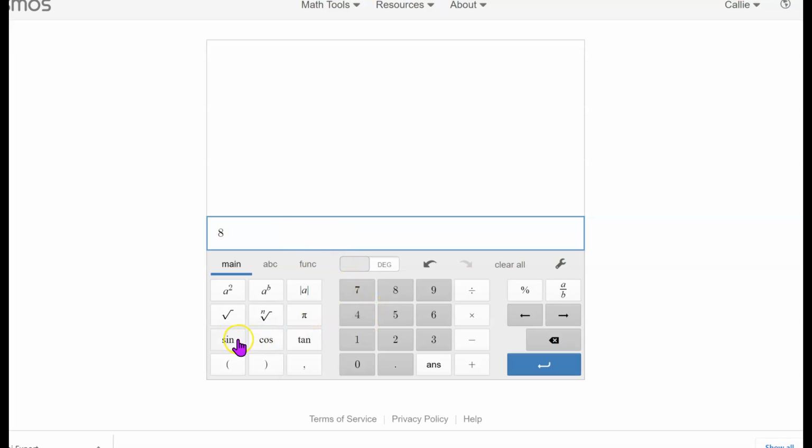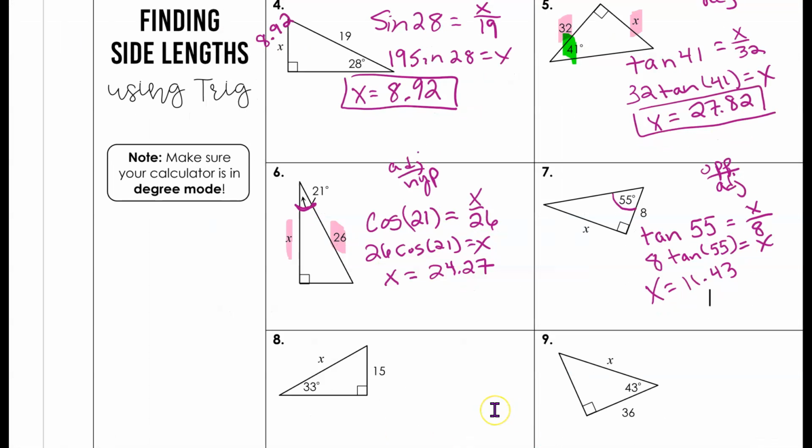I just say 8, and then I put in here tangent of 55, and it gives me the answer. I don't even have to hit enter. It gives me the answer. 11.425, which rounds to 11.43. So I just wanted to put that out there. Let me go back.